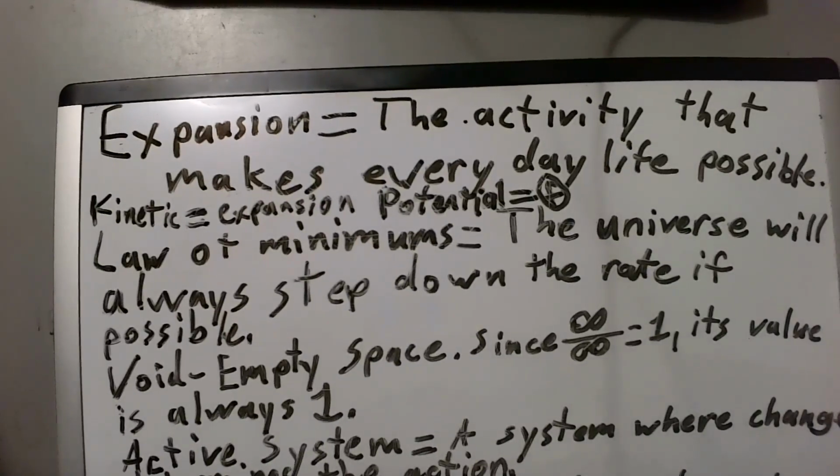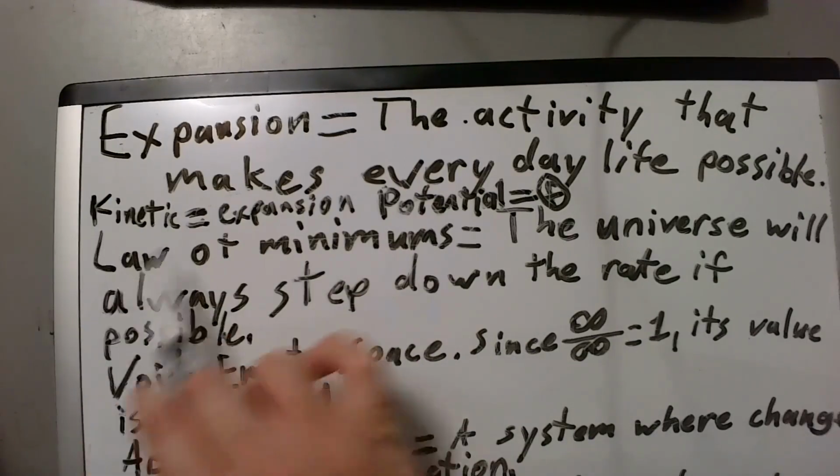Expansion is the activity that makes everyday life possible, and it is also the two voids trying to escape each other in the best way possible. Okay, so it's two void values trying to push away from each other.